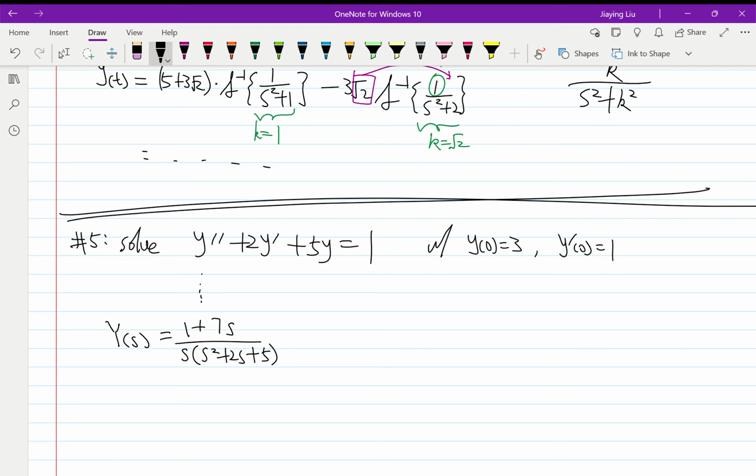From here, obviously, there's not much we can do if we want to find the inverse Laplace transform. We're going to have to use partial fractions.